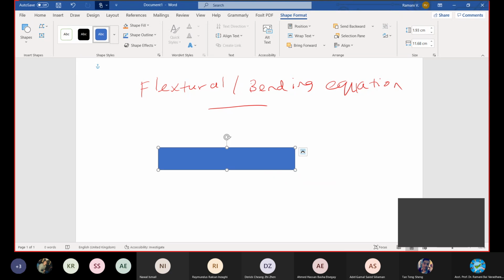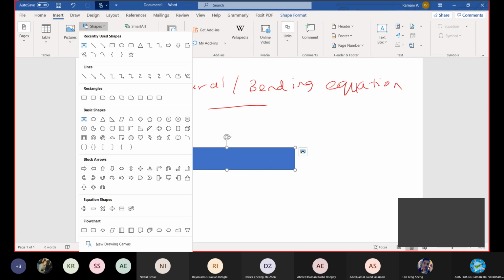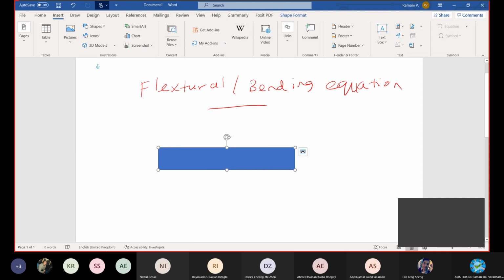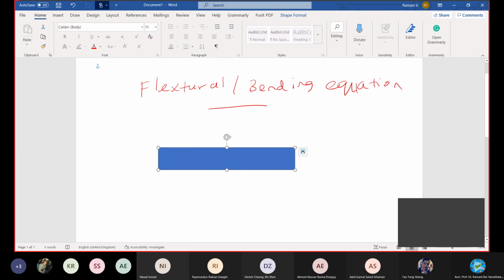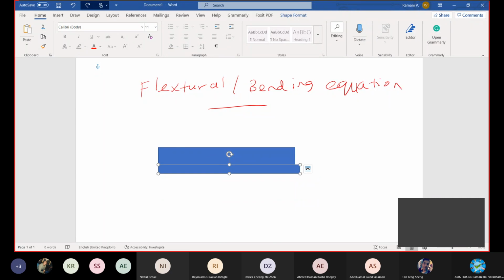I do one other one, a line. What will happen when the load is applied? This will tend to bend like this. Oh, it's a straight one. I cannot get it right. I will just draw by hand. Bear with me.